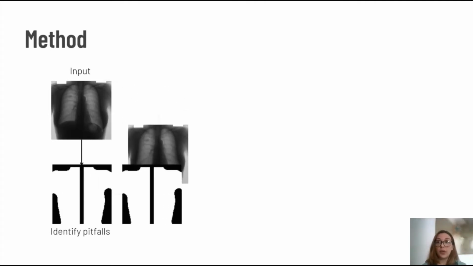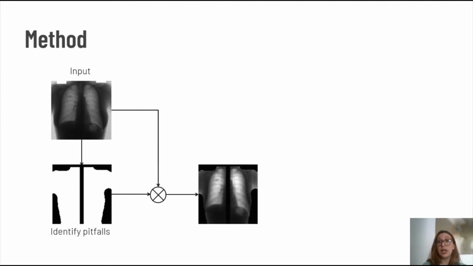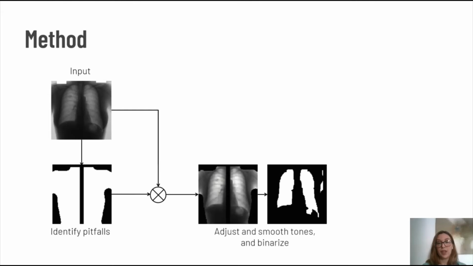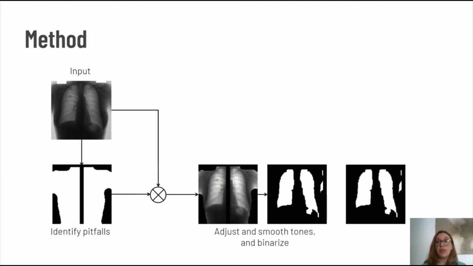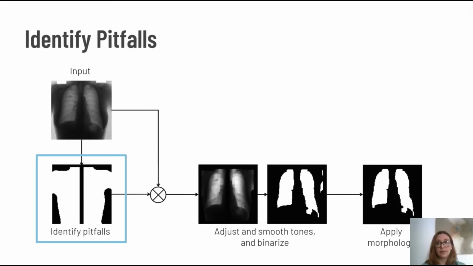In the sequence, we apply the mask of the pitfalls identified to the input image and apply some exposure corrections to binarize the result. Finally, we use some mathematical morphology operators to remove noise and repair impaired areas caused by binarization. Now we are going to go through all the steps in a bit more detail.